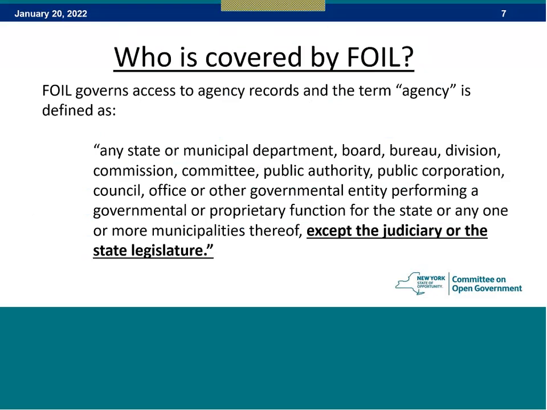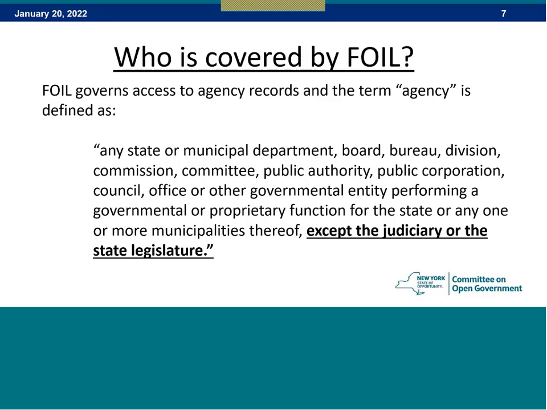Who is covered by FOIL? FOIL governs access to agency records, and the term agency is defined as any state or municipal department, board, bureau, division, commission, committee, public authority, public corporation, council, office, or other governmental entity performing a governmental or proprietary function for the state or any one or more municipalities thereof, except the judiciary or the state legislature.